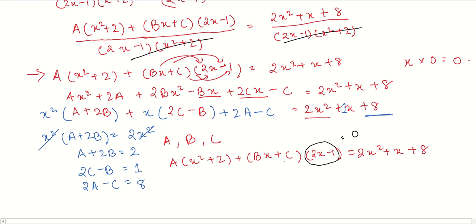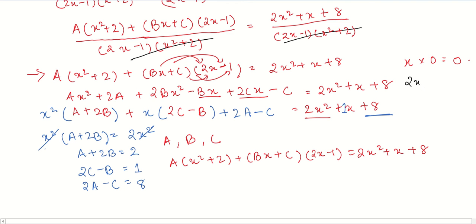Then the whole bx plus c will also be 0. So that's what we're going to do: make 2x minus 1, the term that bx plus c is multiplied with, equal to 0 first. If bx plus c is multiplied by 0, then it will become 0.